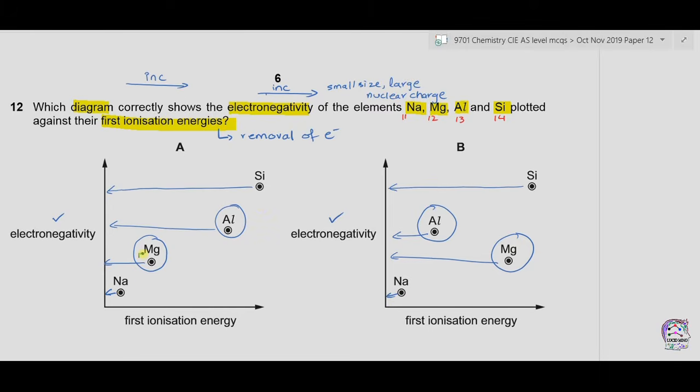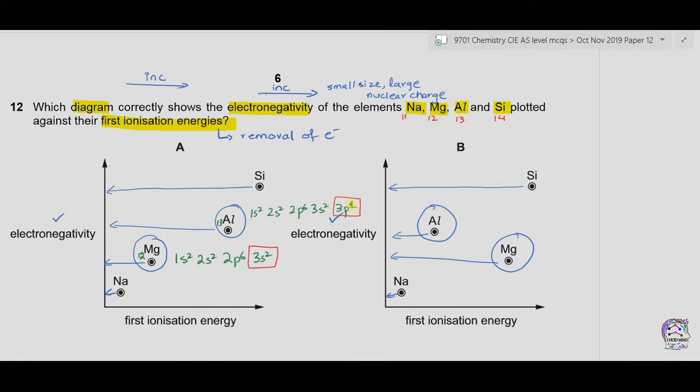Let's do the electronic configuration. Magnesium is 12, so it has 1s2, 2s2, 2p6, 3s2. And the atomic number of aluminum is 13, so it will be 1s2, 2s2, 2p6, 3s2, 3p1. So 1 electron is removed from 3s in case of magnesium and 1 electron is removed from 3p in case of aluminum.